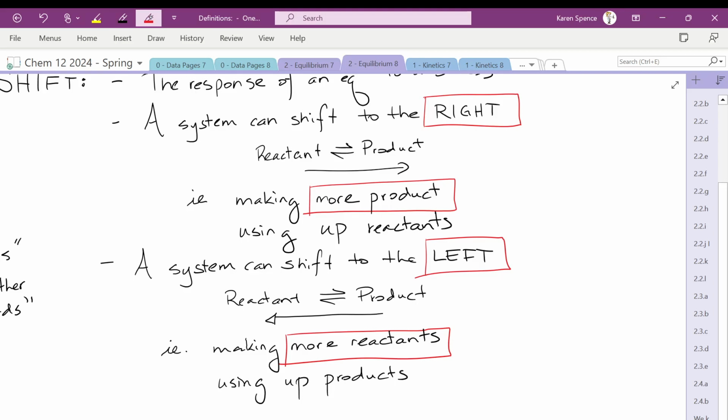If we are shifting to the right, which rate is faster? Forward or reverse?